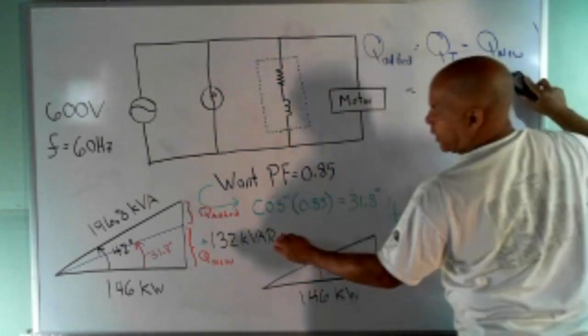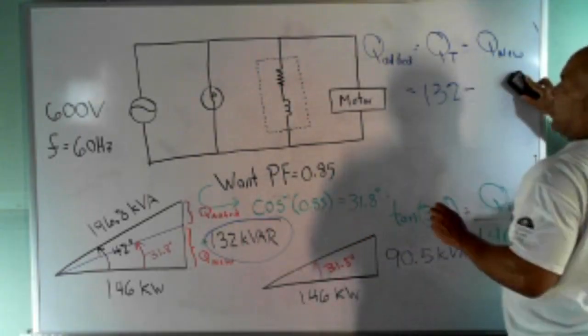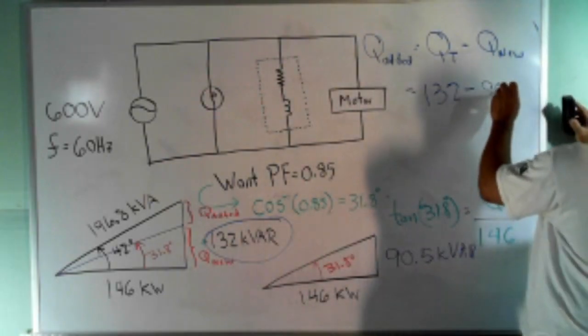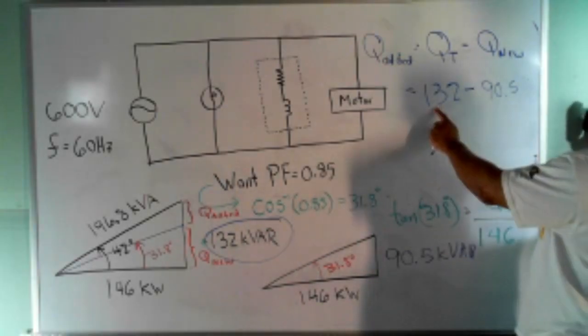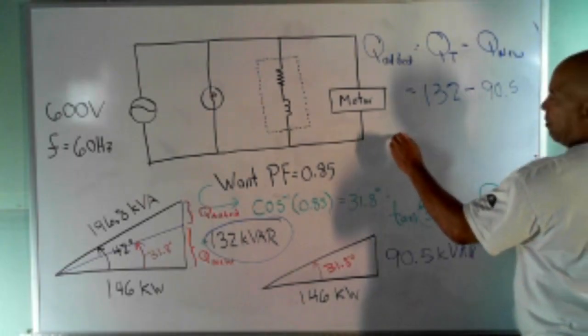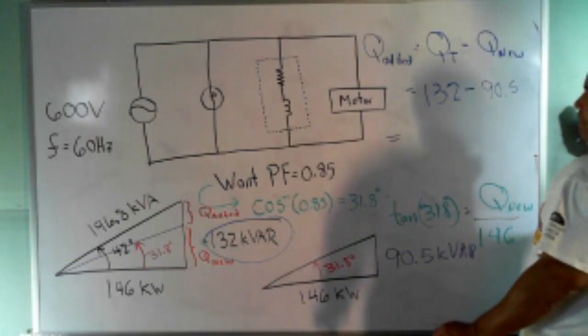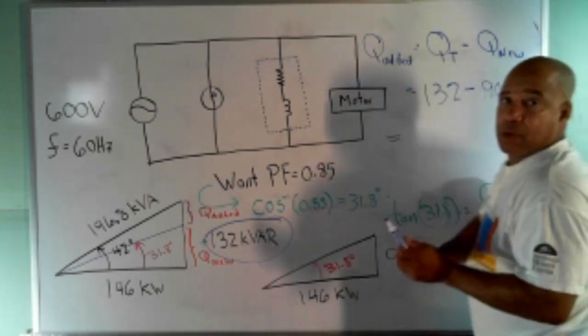So QT is our 132 minus Q new, we said was 90.5, and this is in K. I'm leaving the units off because I'm out of room. But on your calculator, take 132 minus 90.5. Let me know what that is. 41.5.